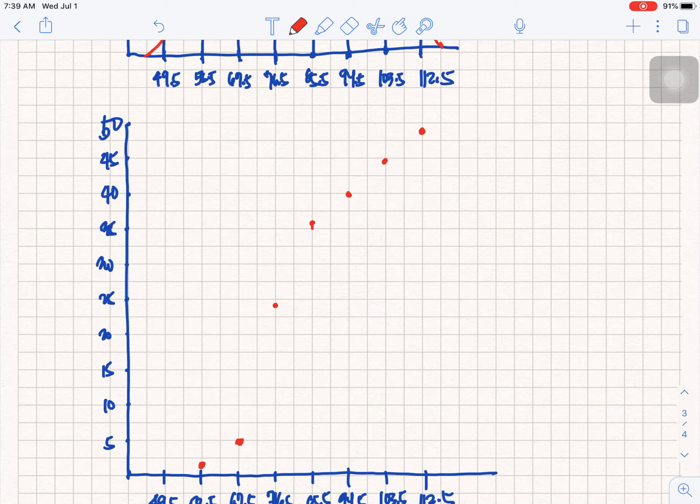Okay, that's it. That is our first ogive. Next is for the greater than cumulative frequency.